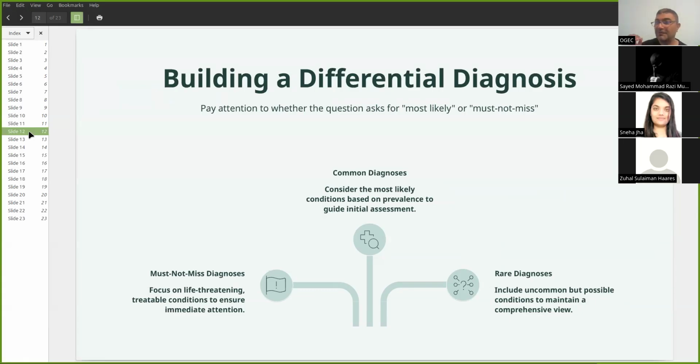And we start from the most probable diagnosis. The first differential is the most probable, and then we have to have at least 1 or 2 more differentials in our mind when we see the options, then we can choose the correct answer or the correct diagnosis.